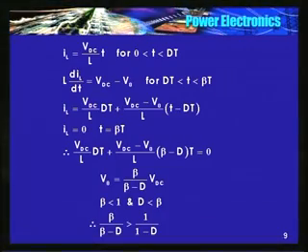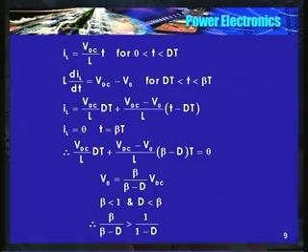And suppose for what values of d current is going to be discontinuous? If the value of d is very small, in the sense I am storing the energy for a very small duration, and most of the time I am discharging, whatever energy stored is being dumped to the capacitor and the load.